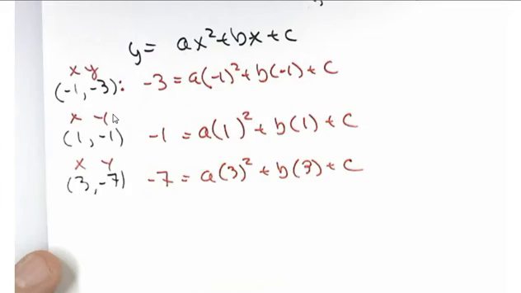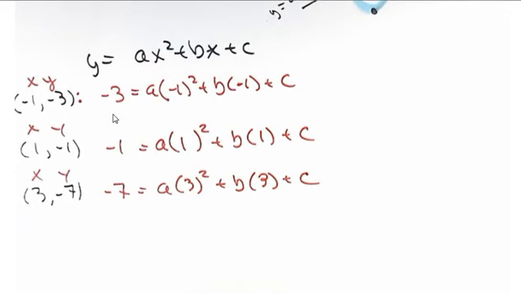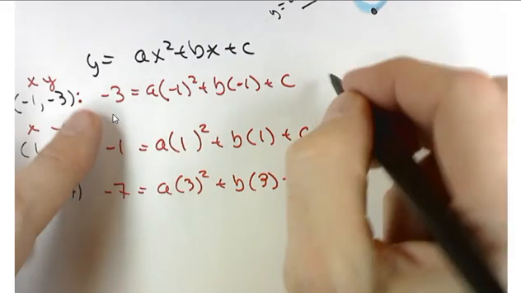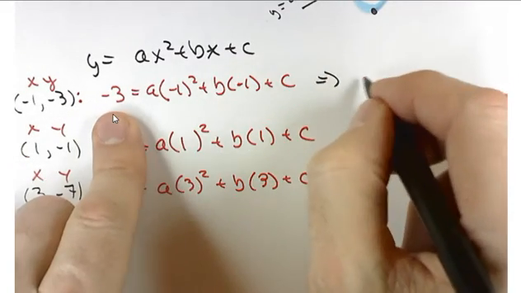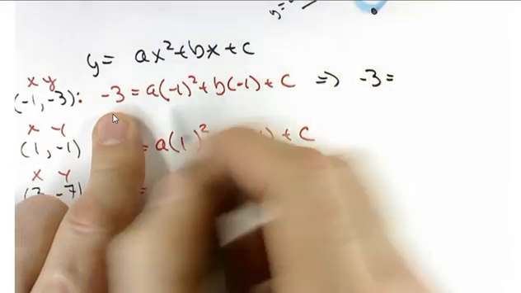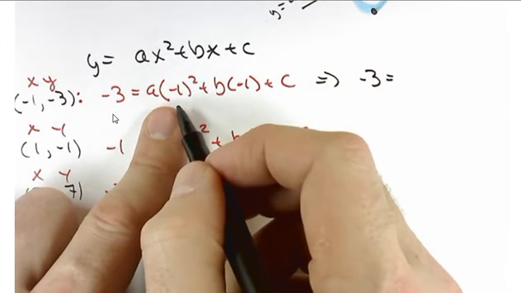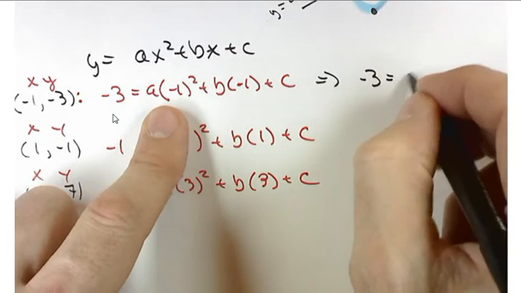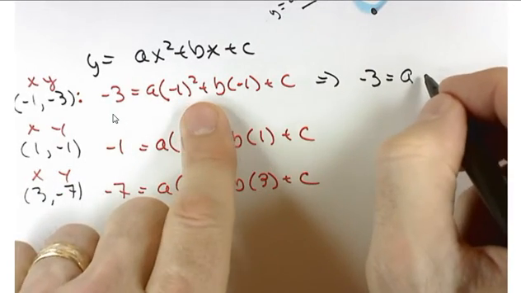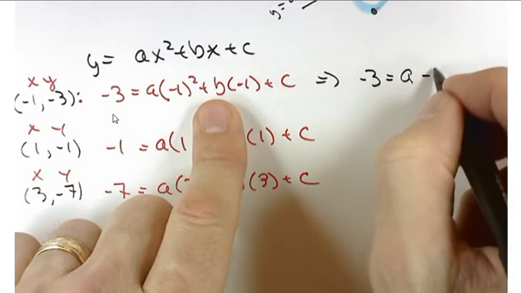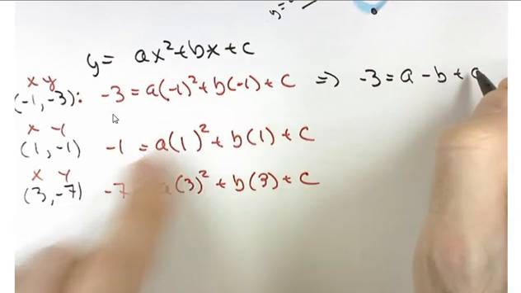Perfect. It's probably in your best interest to clean this up. Thanks, Vincent. So let me clean up this equation. This first one is -3 equals, well, what happens when I square -1? It becomes +1. So it's going to be a, what's the middle term going to be? Minus b plus c.